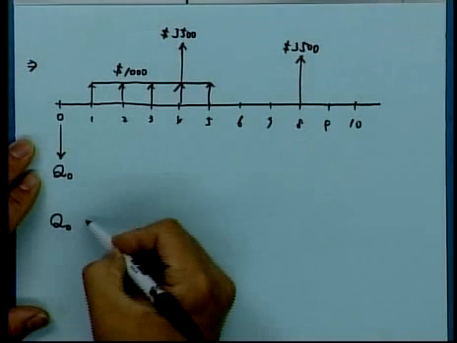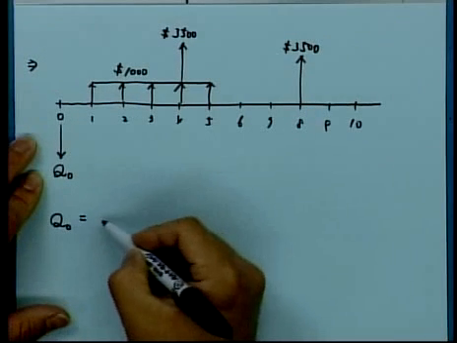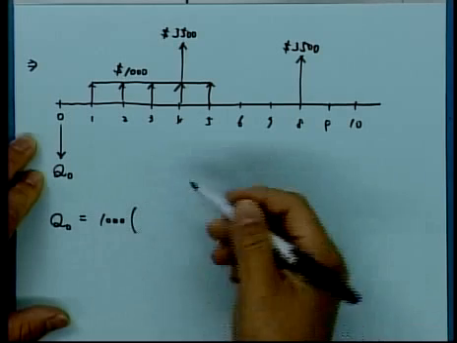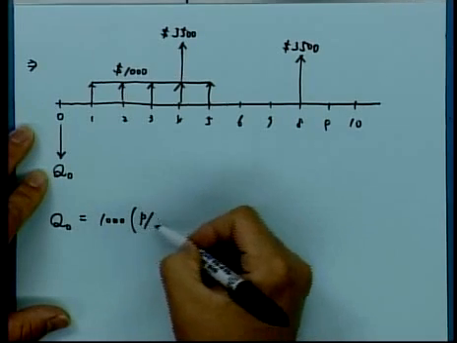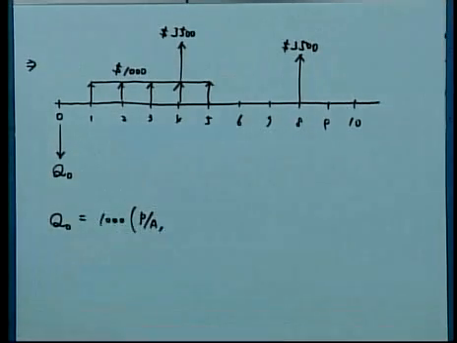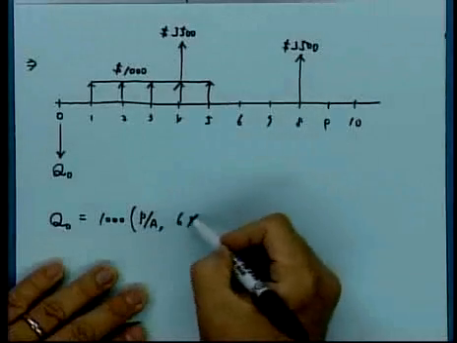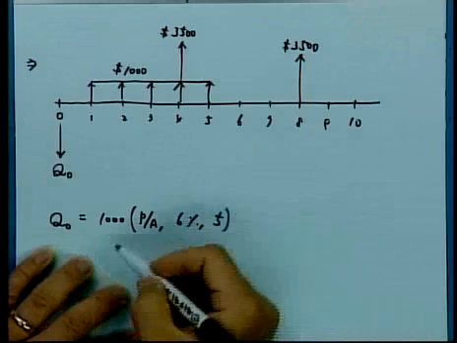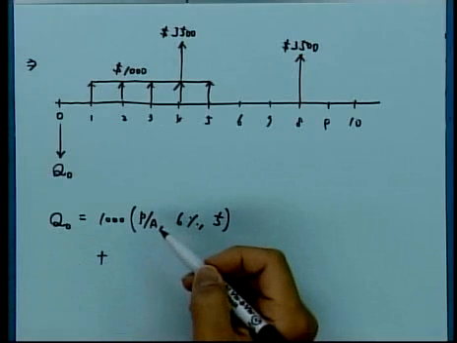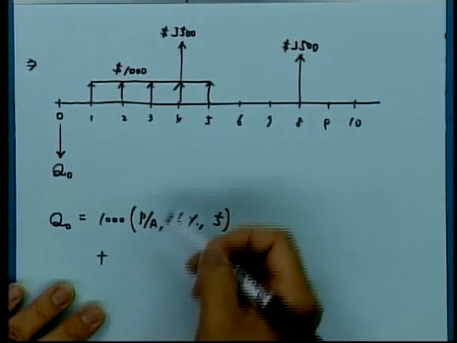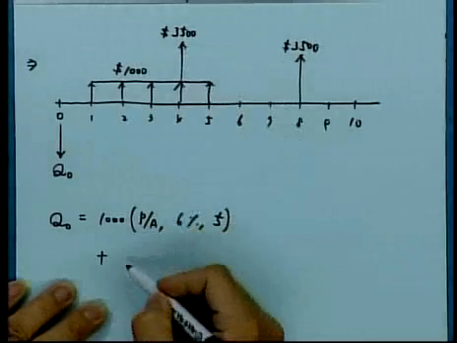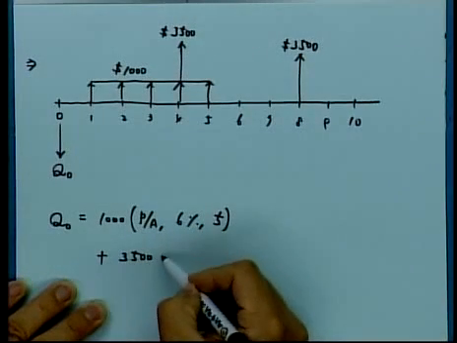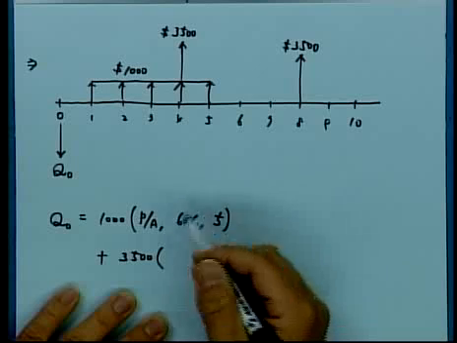So here Q sub 0 is $1,000 times P given A, 6% over 5 periods, plus the future sum of $3,500 at the end of the fourth year.